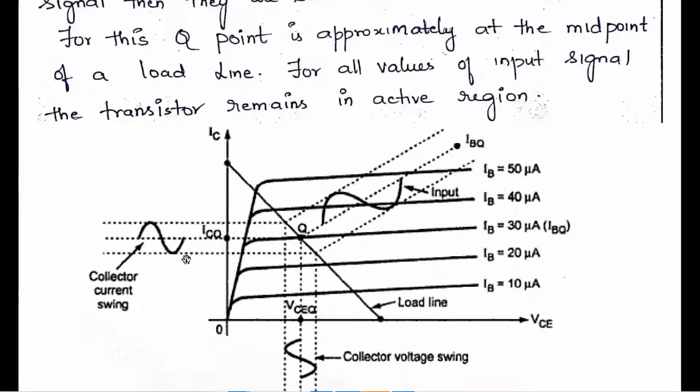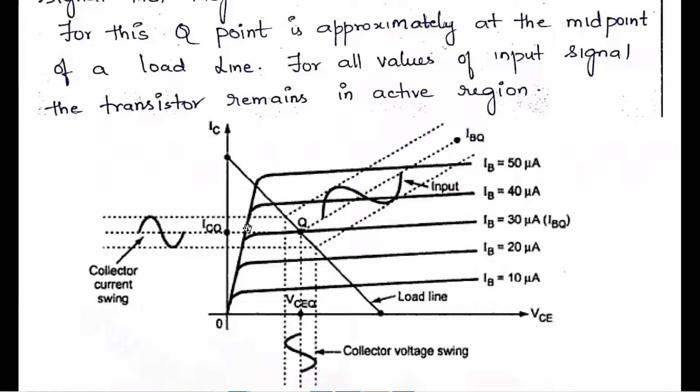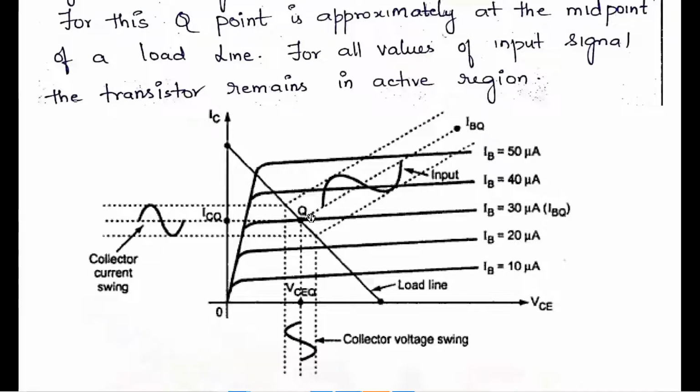When IC changes, VCE changes along the load line shown here. So when IB changes here, according to the characteristics, the corresponding IC change is shown here. When IC changes, along the load line, VCE changes. That is shown here. So this is the explanation for this graph.